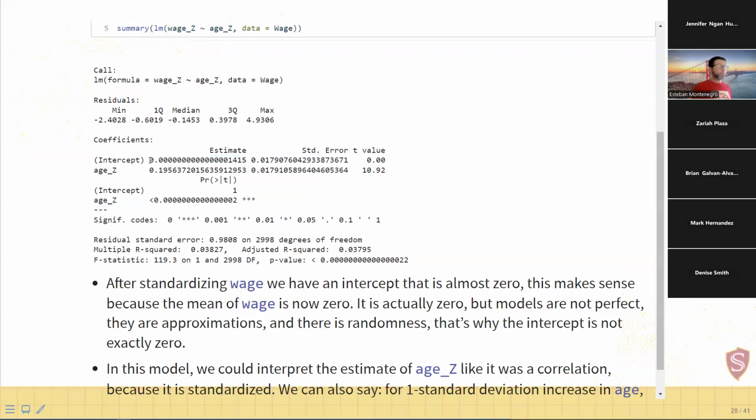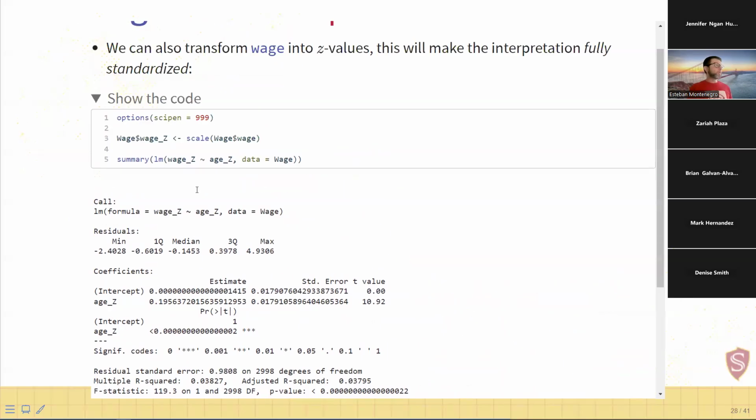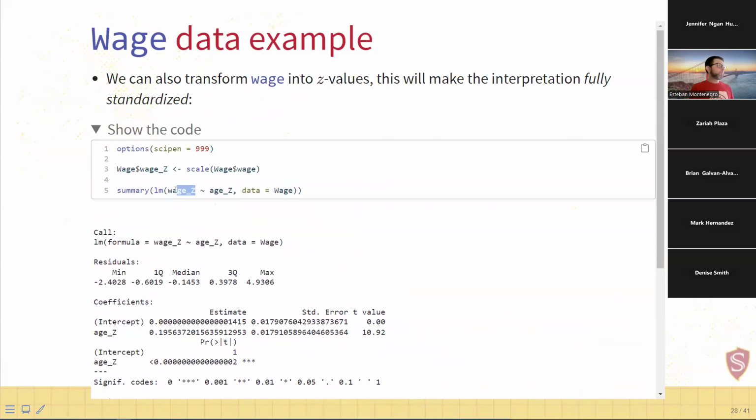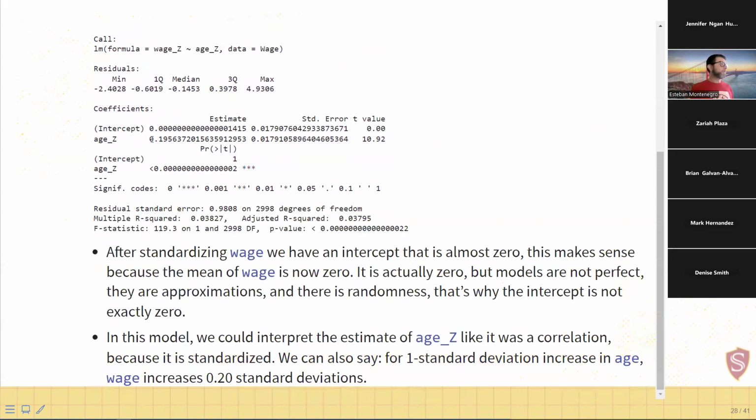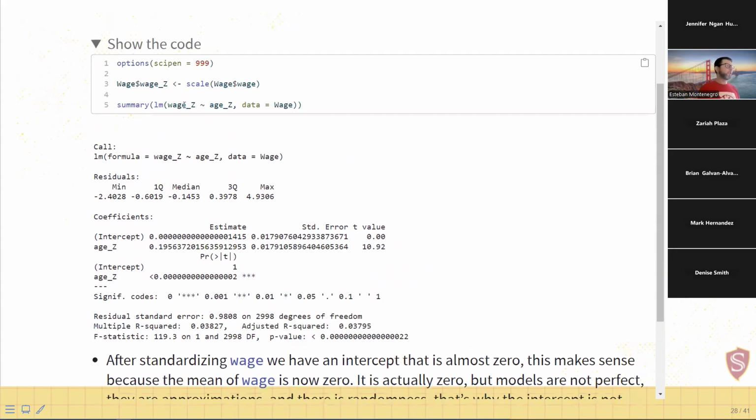So the intercept is now zero. Why is it zero? Because the mean of wage is now zero since we transformed it into z-scores. When you do that, everything is going to be centered at zero. And remember that the intercept is the average of wage when age is equal to zero.